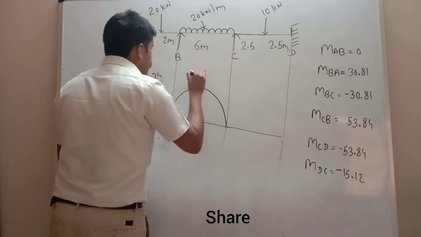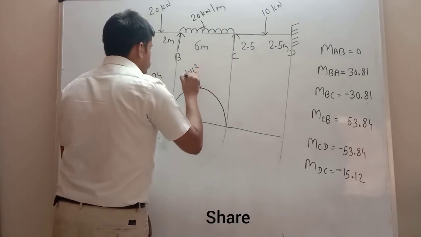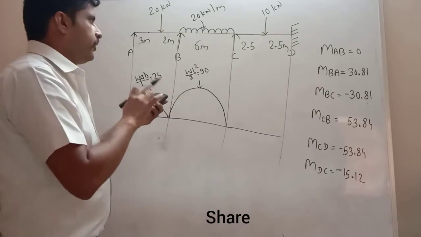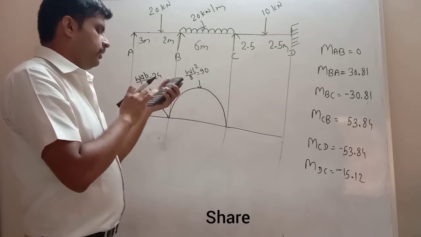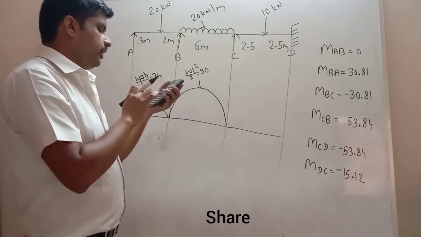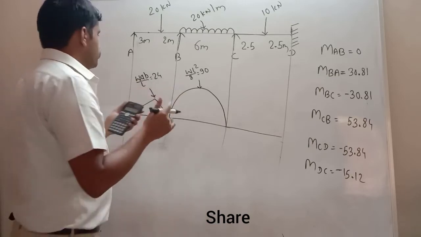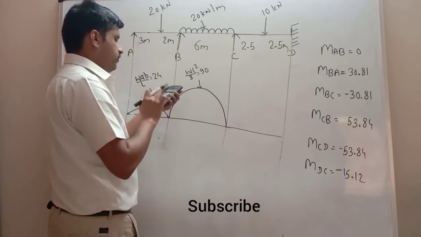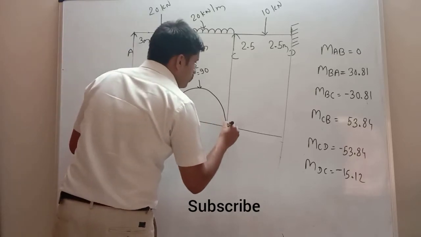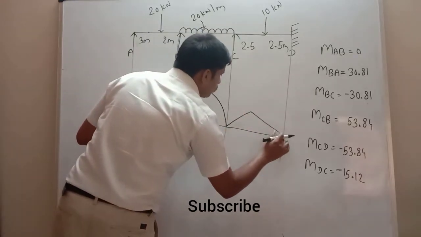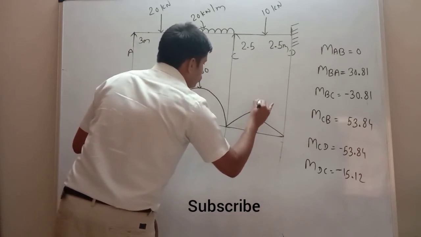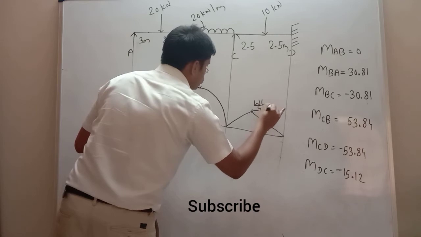For the center point load there is again a triangle, and the formula is WL by 4. 10 into 5 divided by 4, it is 12.5.